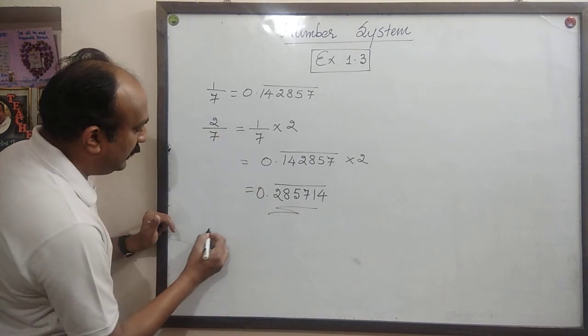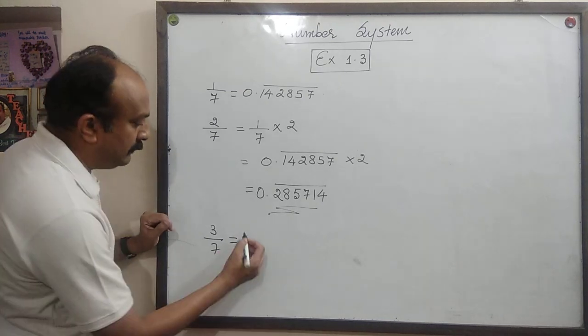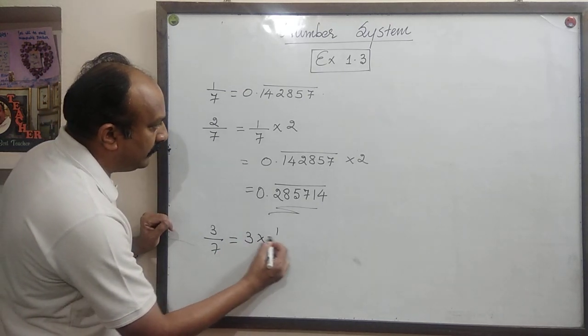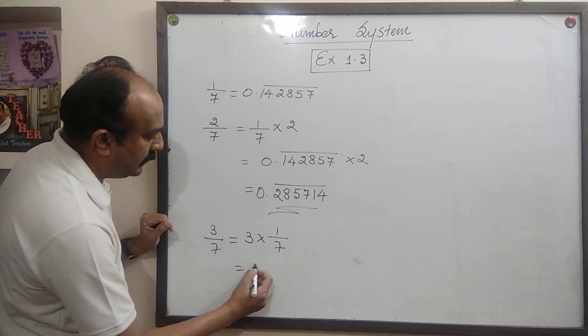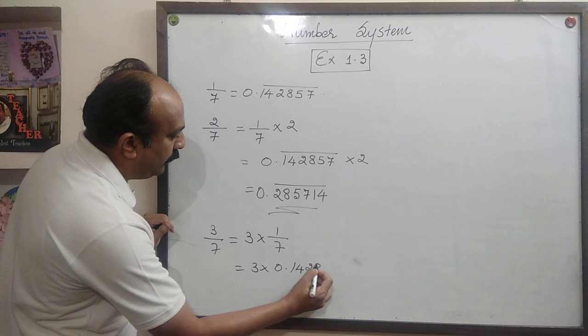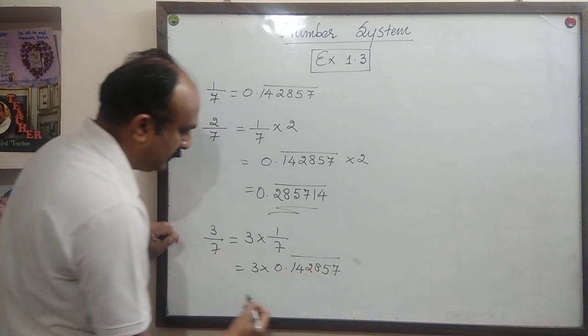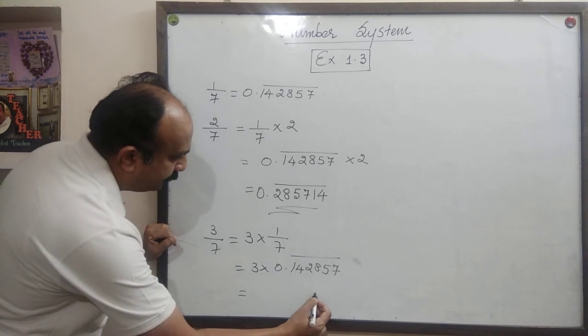Now, what will be the value of 3 upon 7? 3 upon 7 can be written as 3 into 1 upon 7, which is 3 into 0.142857 bar. Multiply.